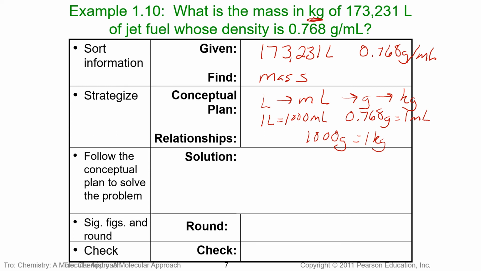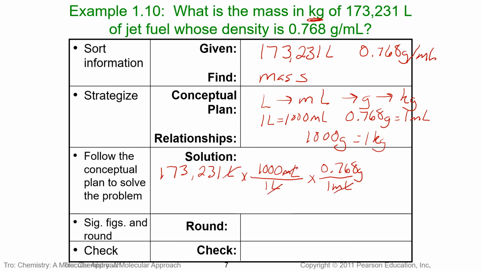Now we can put this into our dimensional analysis. We want our liters to cancel, so we'll put 1,000 milliliters on top. We can use our density to get from milliliters to grams.